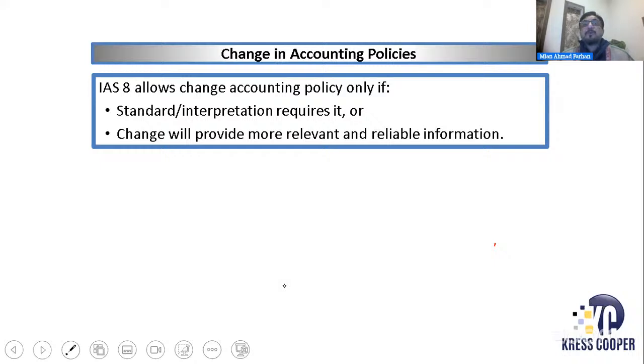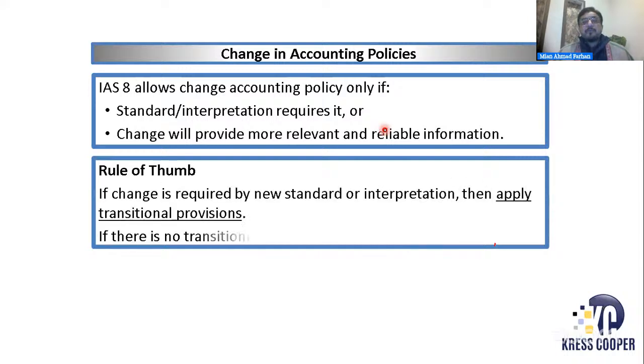So this is a policy to remeasure our property, plant, and equipment items at fair value, leaving a revaluation surplus. So again, this is something already existing in IAS 16. So we are switching from one method to the other. So this is an accounting policy change. Okay, so these are the two reasons based on which the change may take place.